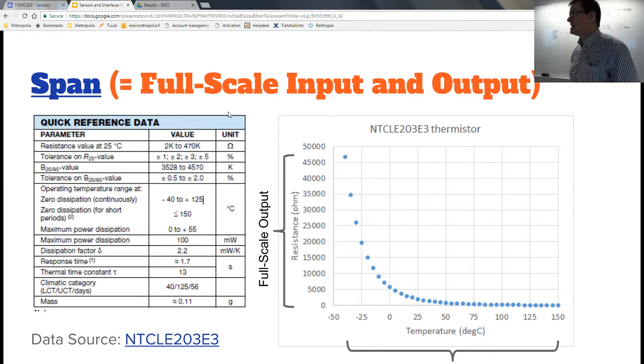The NTC thermistor itself, the span for that one is marked from -40 to 125 degrees. Semiconductors usually start having non-reversible changes at 200 degrees Celsius.